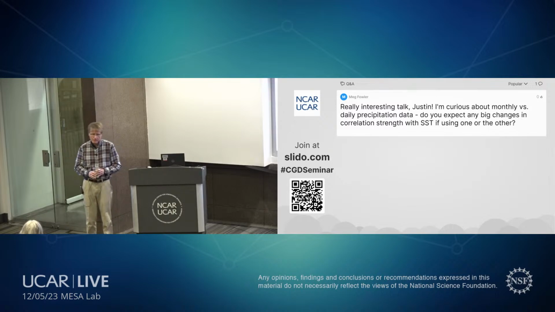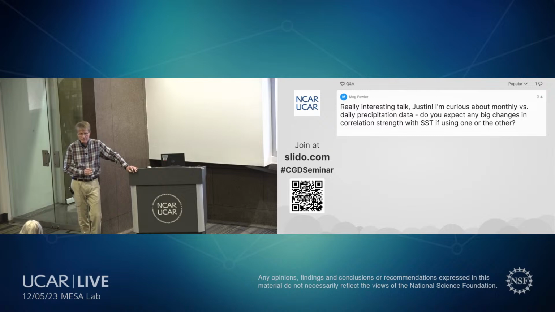That might be part of the response of the atmosphere to SST, rather than totally removing or averaging out the variability. And I think there are some arguments related to that.